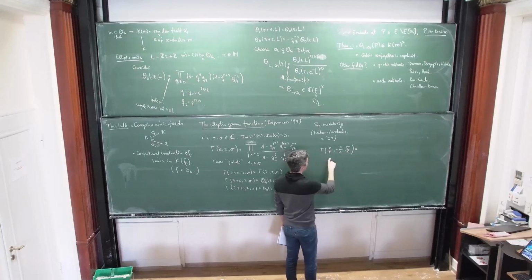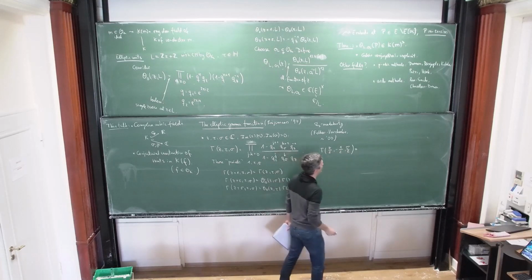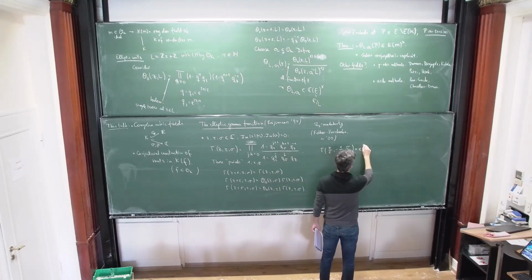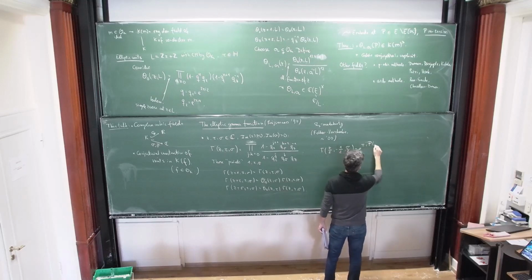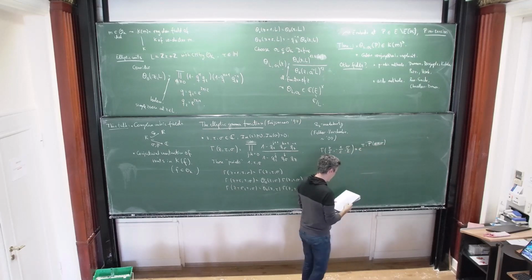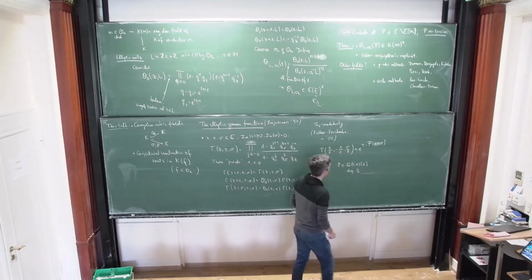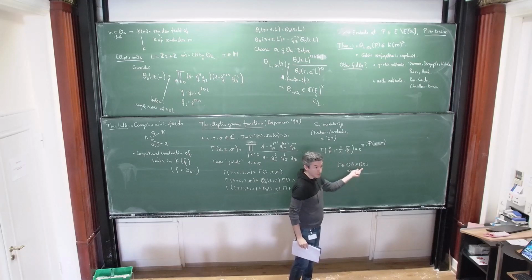I act on my vectors with this change of variables, z over tau, minus 1 over tau, sigma over tau. And what I get is just some simple factor of z, sigma, so some simple exponential factor where p is a polynomial in z of degree 3 with coefficients being rational functions in tau and sigma.